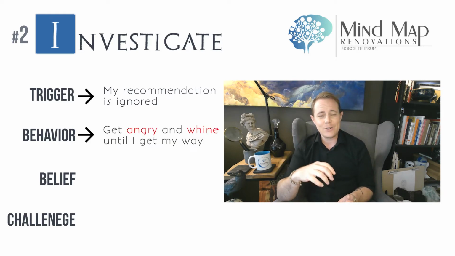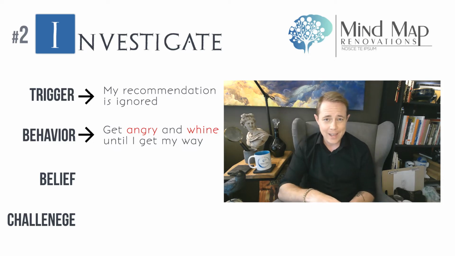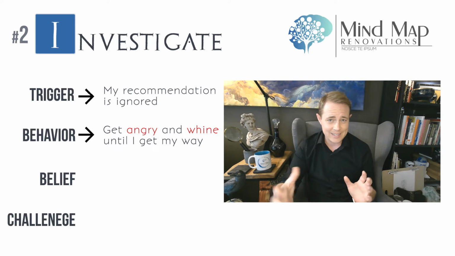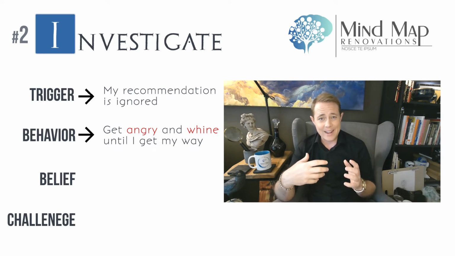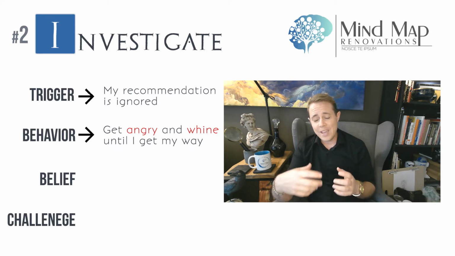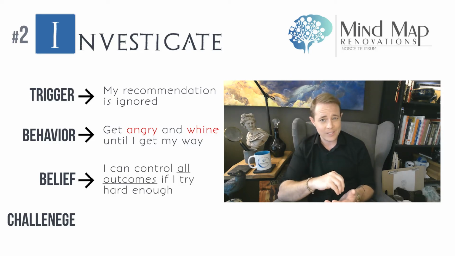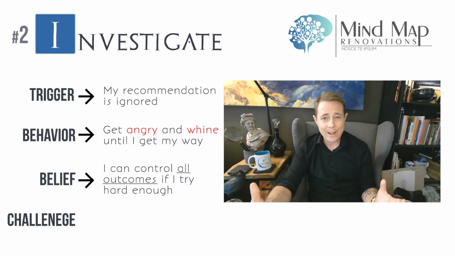And then the anger would lead to whining because that's how I was trying to get my way. Now, sometimes it worked, and I wasn't super proud of the times that it worked. And it wasn't a very good or lasting change, and it certainly did not endear me to the folks that I was interacting with. So that behavior was backed up by a belief that if I just tried hard enough, I could control all outcomes.